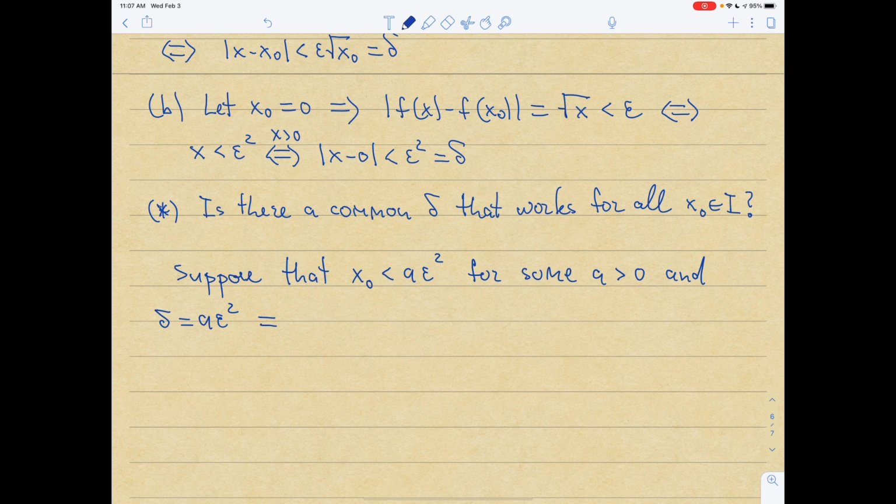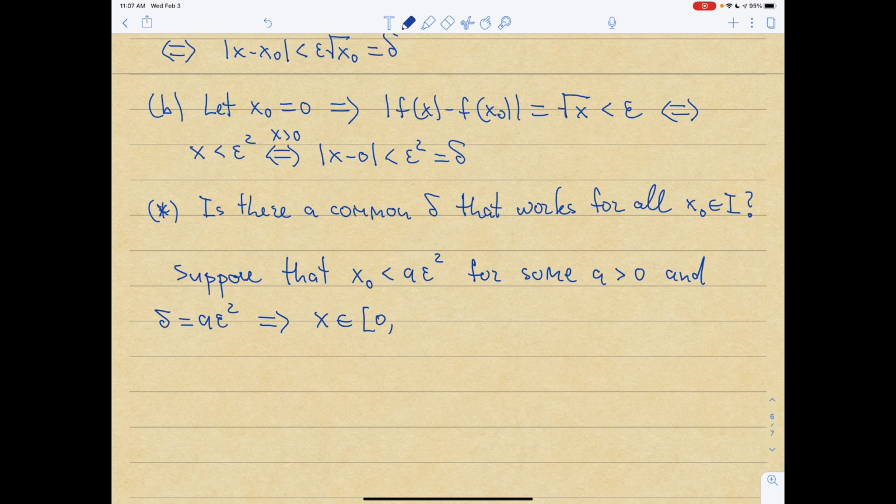Okay, so if that is the case, then x will belong to the interval from 0 to, right, so if x0 is a epsilon squared, and I go by delta towards 0, then I can get to 0 that way.